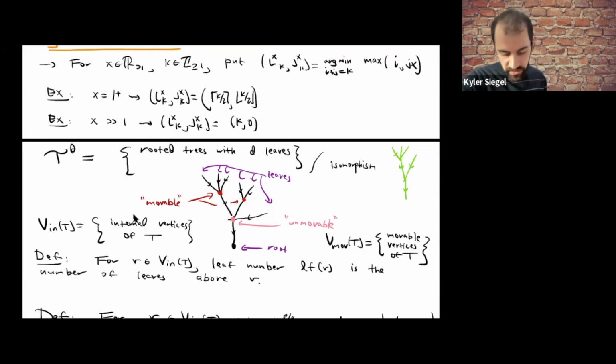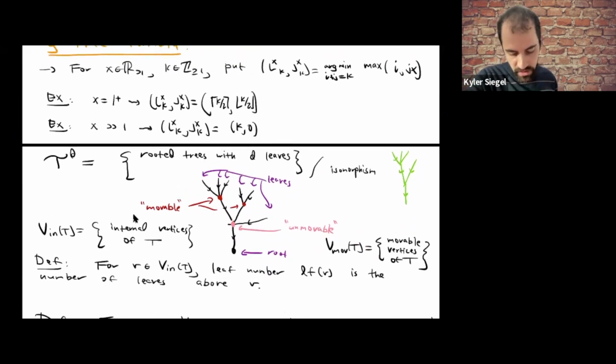Then let me denote by V_move the so-called movable vertices. This is just my terminology; there's probably a standard one, but I didn't know what it was. The movable vertices are the ones which have only leaves above them. For example, this is not a movable vertex because it has a vertex above it which is not a leaf, but the red ones are movable vertices, in the sense that you could raise or lower them without running into another vertex above.